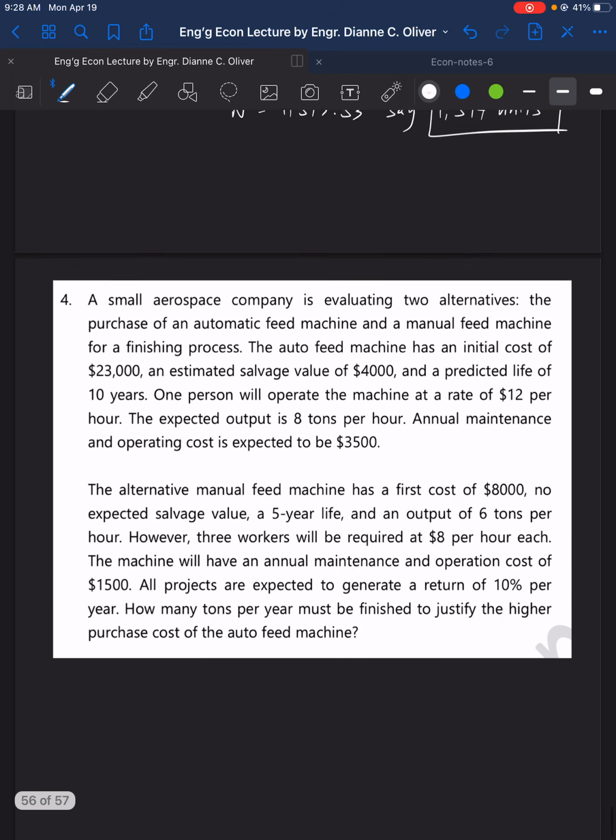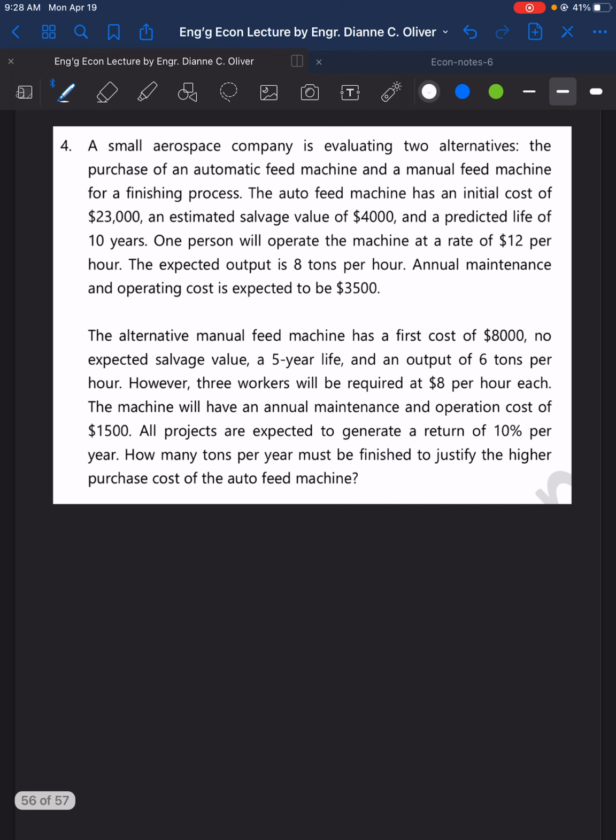Let's go to the last example, number 4. A small aerospace company is evaluating two alternatives: the purchase of an automatic feed machine and a manual feed machine for a finishing process.